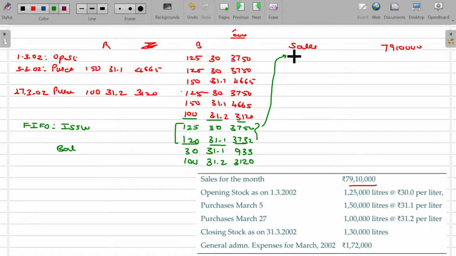Cost of sales, in thousands. You add up these two, I think this value being 7,482. And we still have the administration expenses, 172. Add up these two, the total cost being 7,654, and your gross profit being the difference between these, simply a profit. Profit in this case being 256.